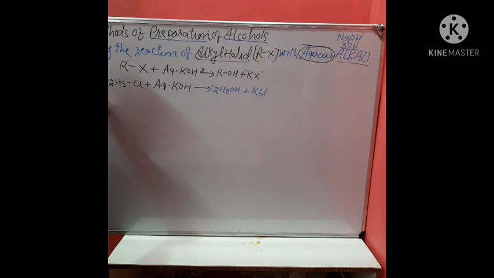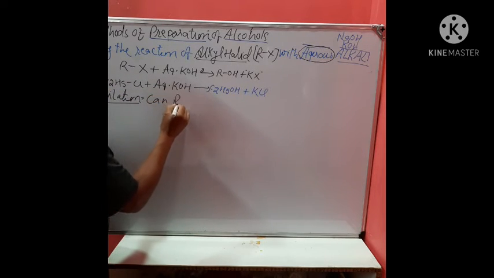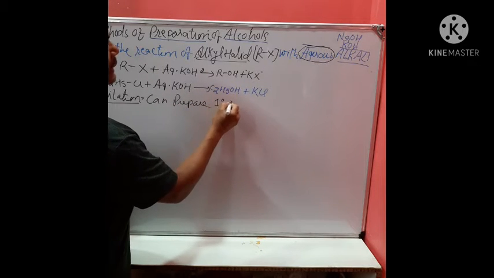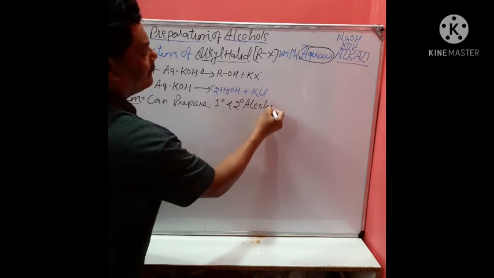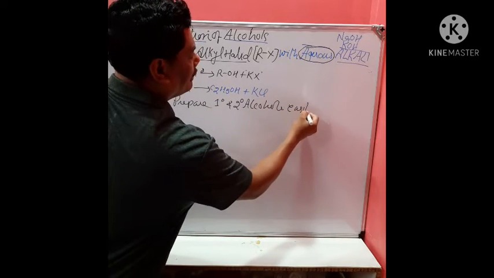But there is a limitation of this reaction. And what is the limitation? We can prepare 1 degree and 2 degree alcohols easily and in pure form.